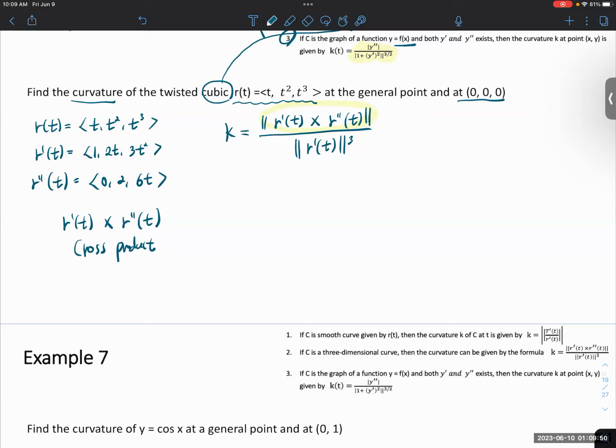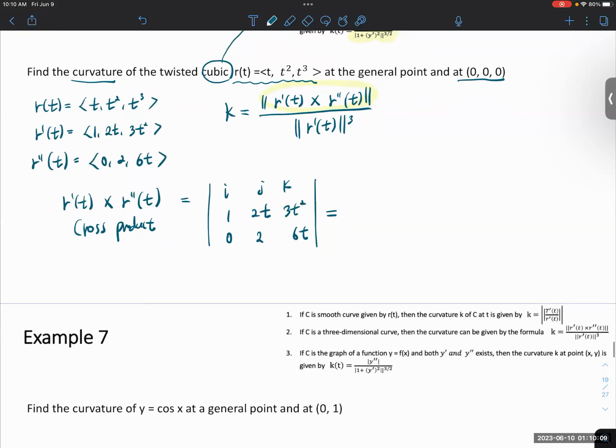We know how to do the cross product. Do you remember? Make the matrix. So this is going to be i, j, k. r prime: 1, 2t, 3t squared. r double prime: 0, 2, 6t. So we know by using the determinant, correct? So you can find the cross product. Cross product: i times, you multiply those, 12t squared minus 6t squared.